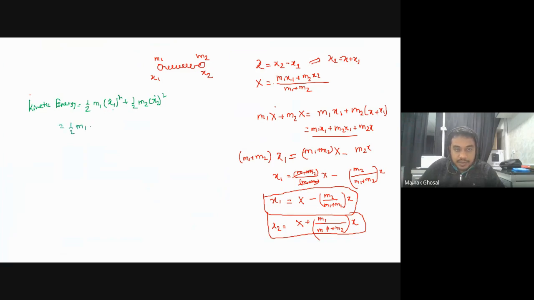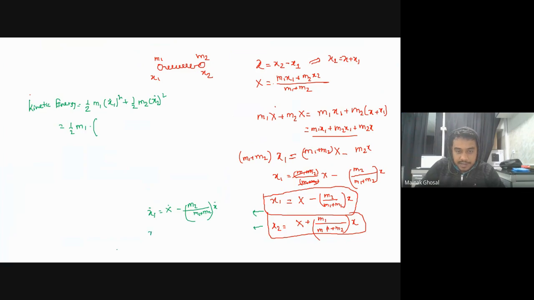What will x1 dot be? From x1 and x2 you can find x1 dot, that is dx1 by dt, which will be equal to X dot, that is dX by dt, minus m2 by m1 plus m2 into small x dot.